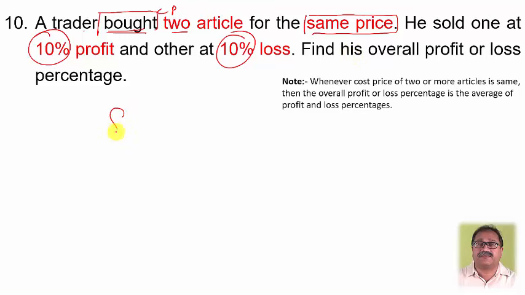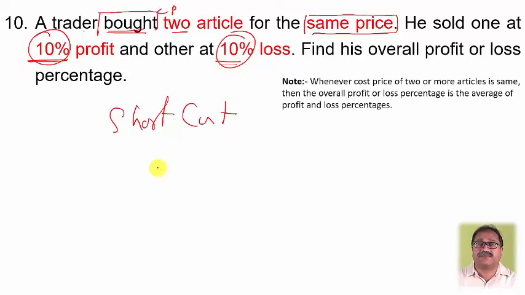Let's go with the shortcut method. I mentioned the note over here. You can also refer that. Whenever the cost price of two or more articles is same, then the overall profit or loss percentage is the average of profit and loss percentage.